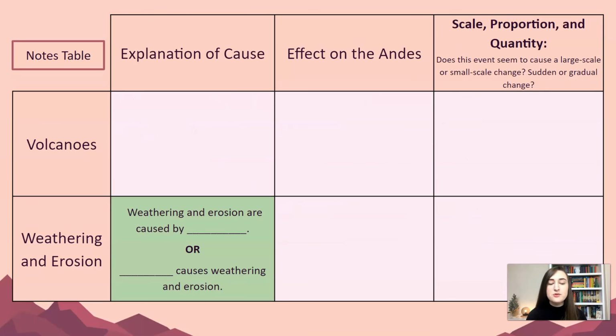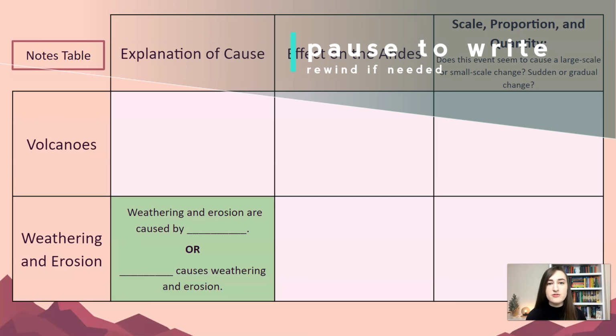Okay, now we have to fill in our notes table. So weathering and erosion, what is the cause of these two things? You can do either of these sentence starters. So we have weathering and erosion are caused by blank, or you can write blank causes weathering and erosion. Pause this video to finish this cell.